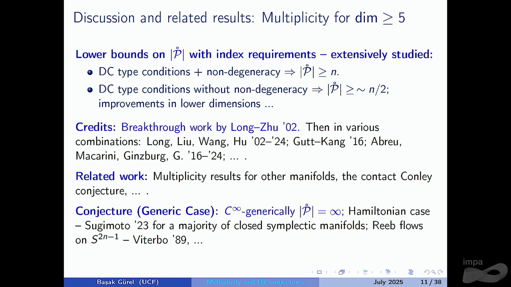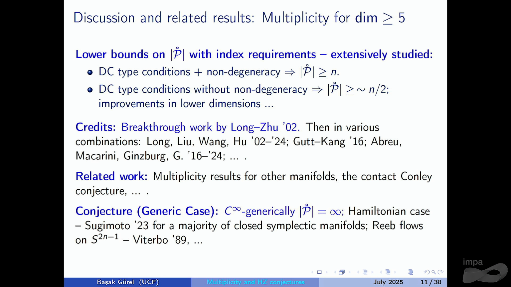And again, I will briefly remind us how this proof works, then it will be clear how you get down to half of n. And then there are various other results like Wang, Long, Zhu mainly, much more precise, like in dimensions 4, 6, 8, etc. One can say things in this range.